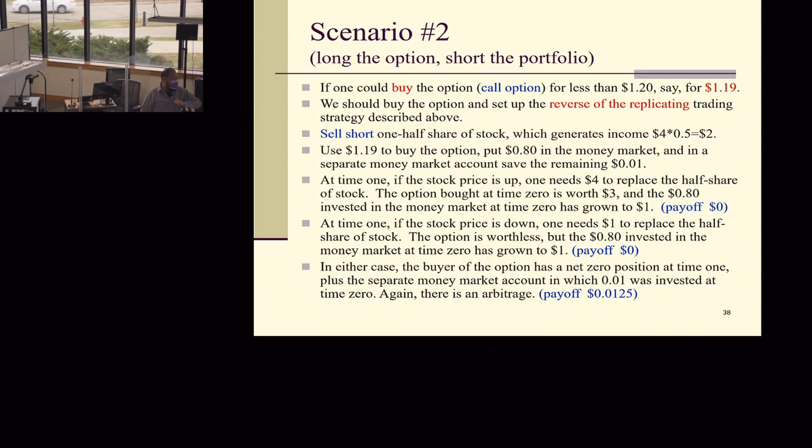1 cent. And after one period, in both possible outcomes for the future stock price, I end up with a payoff of 0. But I have that 1 cent helping me make money. It's not a whole lot. Can I replicate this 10,000 times? 5,000 times? 200,000 times?